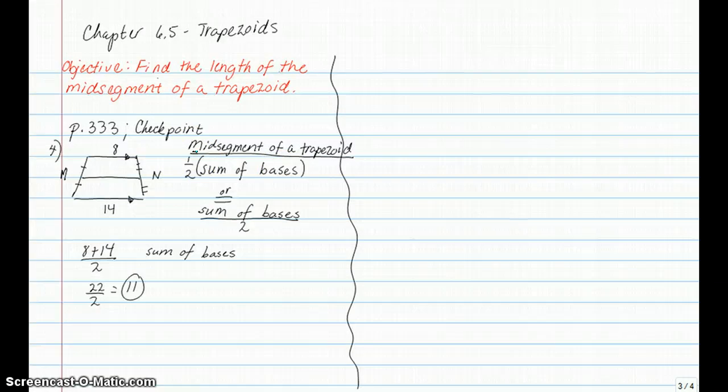If you take half of 10, you get 5. So you can add the two bases and divide by 2. In number 4, we take 8 plus 14, top base and bottom base, divide by 2, and we get 22 divided by 2, which equals 11. So segment MN, the mid-segment, equals 11.